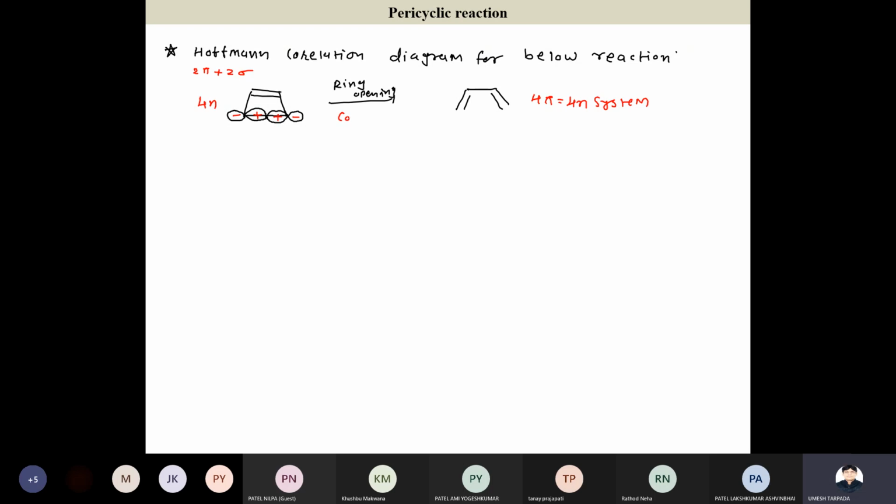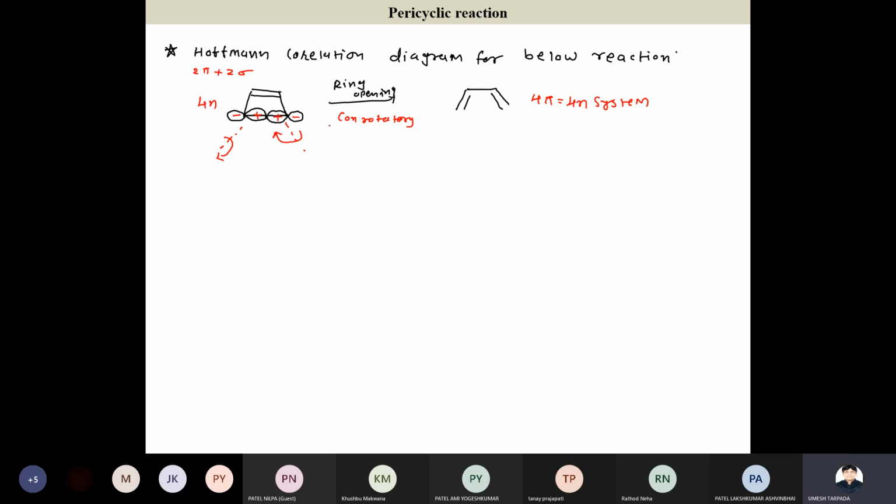So what happens? This bond goes on which side? You can extrapolate this line. This one goes on this side, clockwise. This is also clockwise.